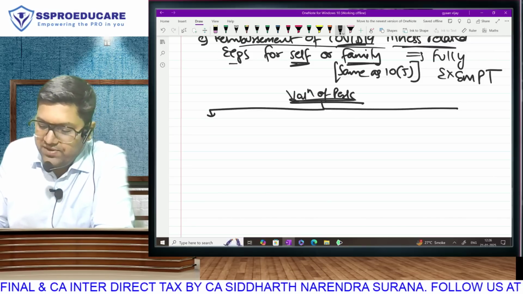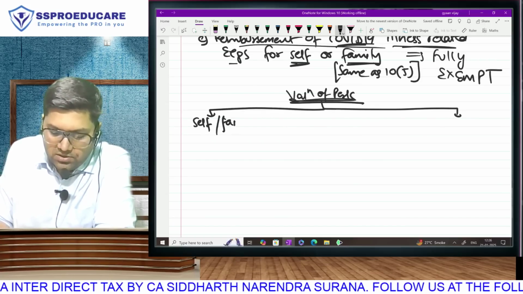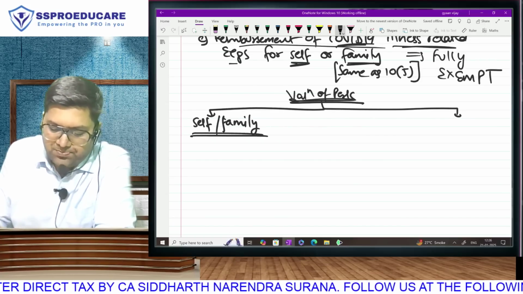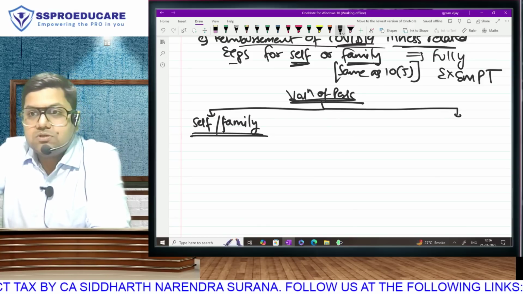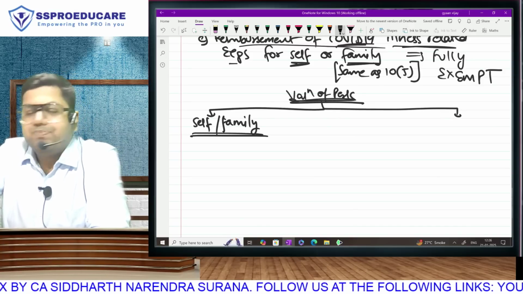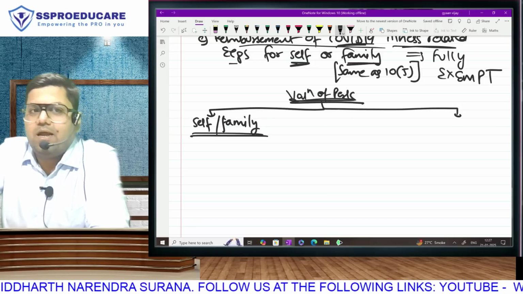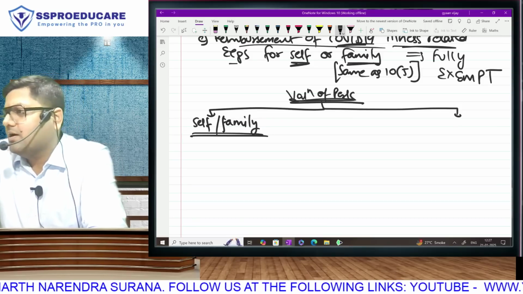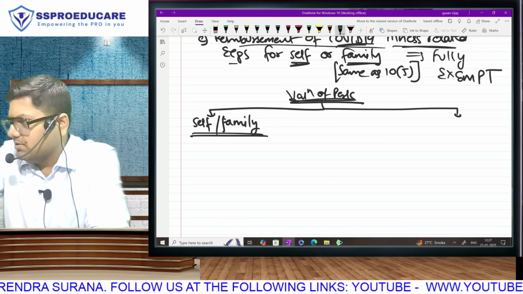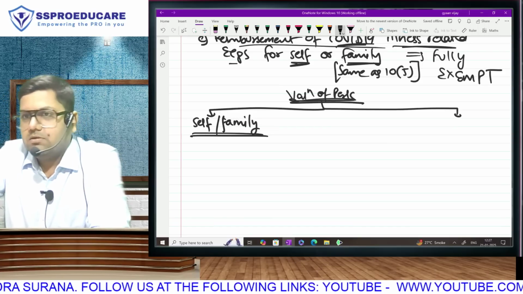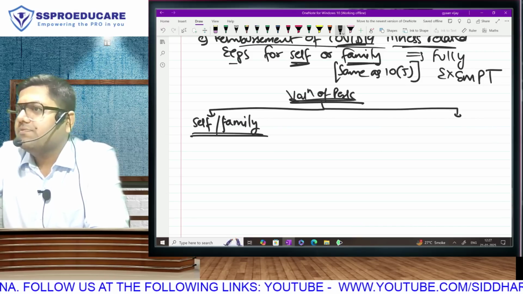You will have to first see whether the employer is paying the bill of yourself or your family. If the boss is paying for yourself and your family, and now you know the definition of family: spouse, children. Spouse and children, always, dependent, independent, resident, non-resident, elder than you, younger than you, as long as it is your spouse and your children, with the restriction, it is going to be family.